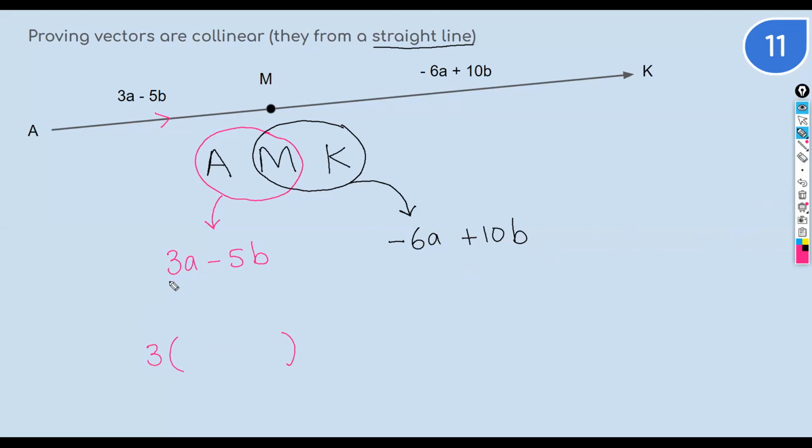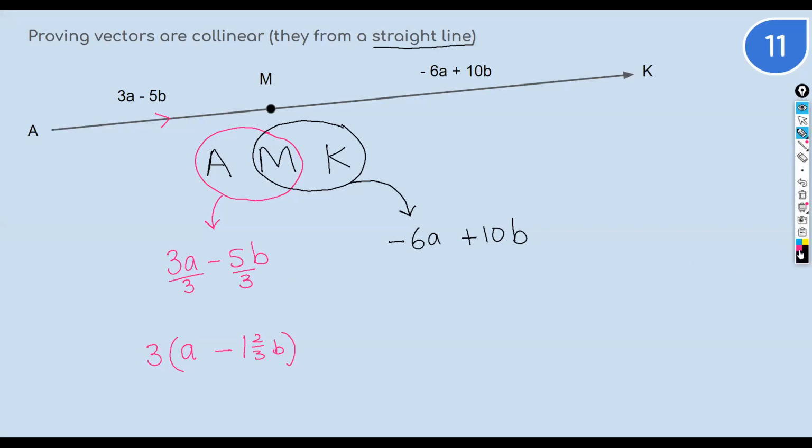We're dividing everyone here by 3. 3 divided by 3 is 1, so you get A. I'm just going to put the fraction over here because 5 divided by 3 will give you a recurring decimal, 1.666666. I'm not a fan of recurring decimals. So I'm just going to put 1 and 2/3 B.